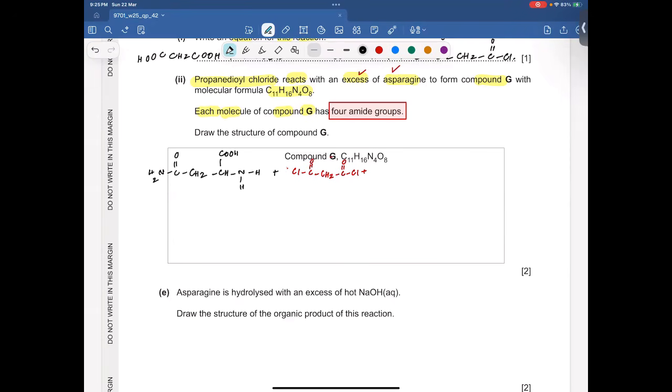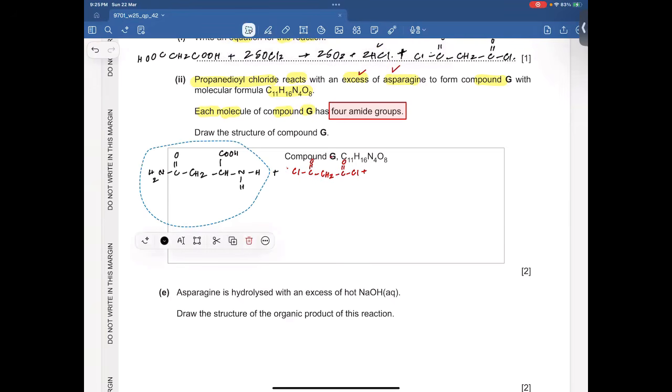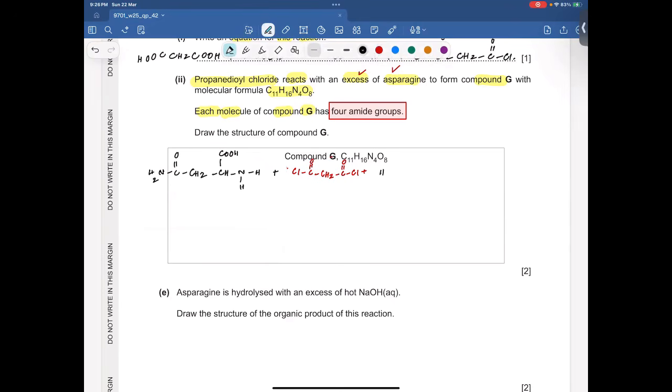Let me write this structure again. No, I have to write it in reverse. This is going to be NH2, then CH, then CWH, then CH2, and then CONH2. Okay, now the reaction will occur.